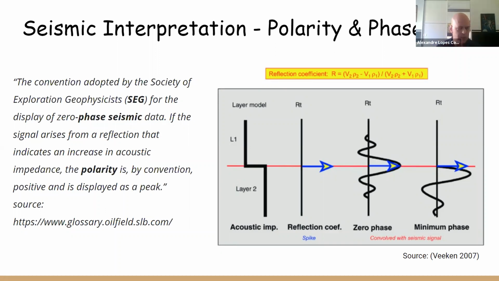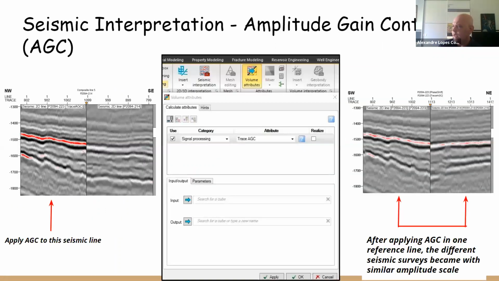Let's go on to some signal processing that we have to do, because sometimes, as I explained before, you could have just one seismic vintage, an old vintage, legacy data, meaning old seismic data, that sometimes has a different polarity or different amplitudes from other lines.